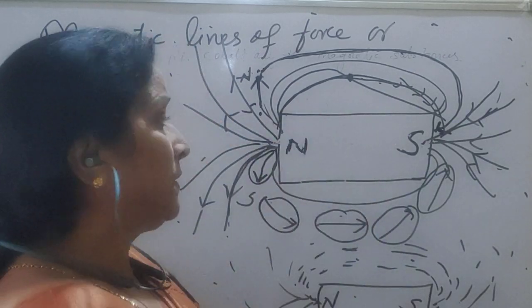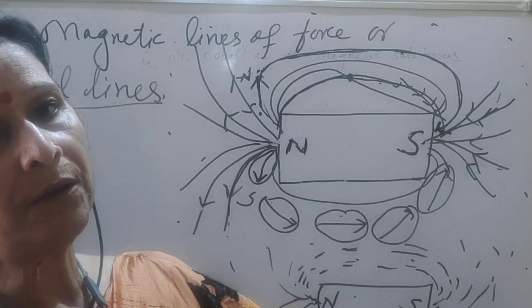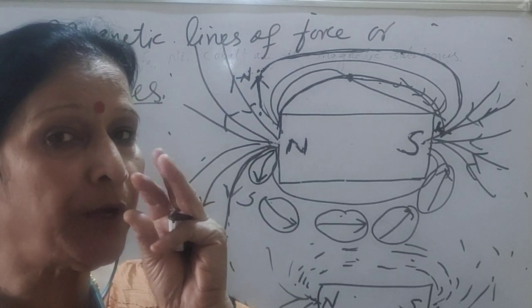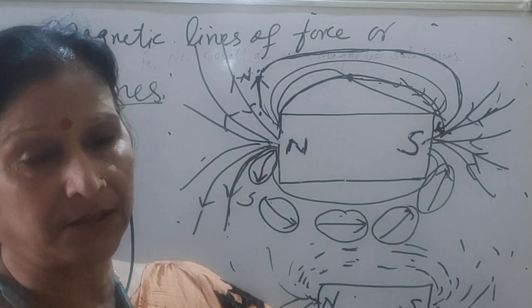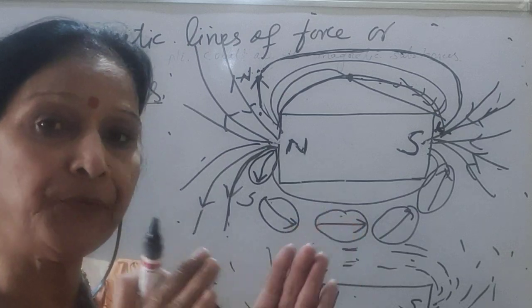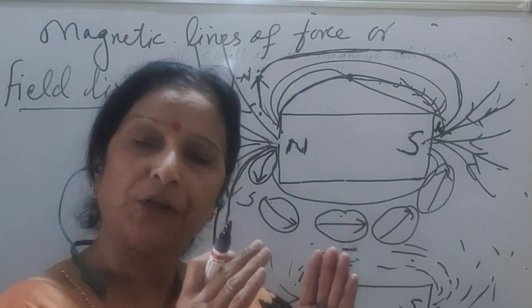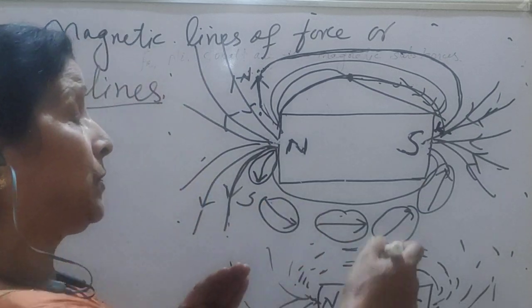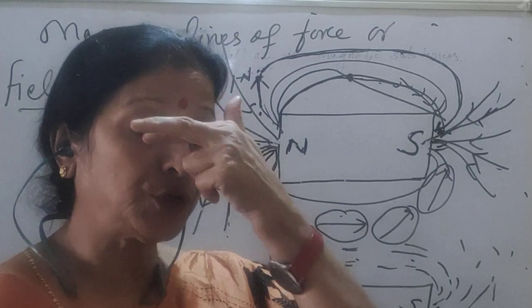Good. Third point which we need to know, that the degree of closeness of field lines represents the strength of the magnet. Closer are the field lines, stronger will be the magnetic field. So at the two ends of the magnet, field lines are very close.